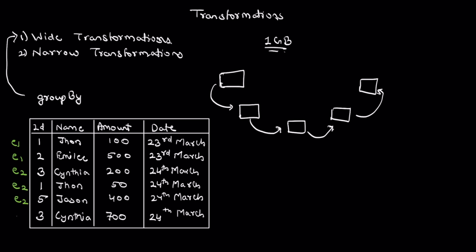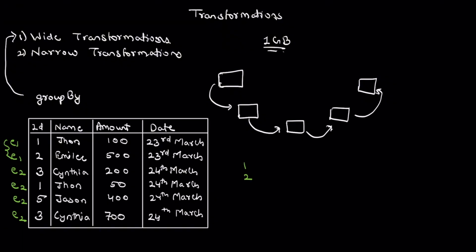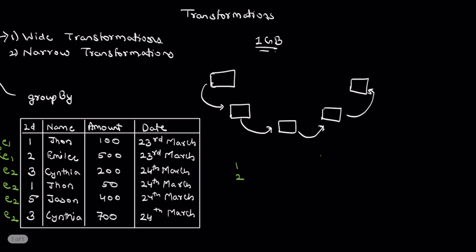This one is in executor 2. And this one is in executor 2 as well. So what we are doing is we are grouping the data, and this data is spread across two different executors. So in executor 1, we will be having ID 1 and 2. But in executor 2, we will be having ID 1, 3, and 5. And the records for Cynthia, ID 3, would be grouped.